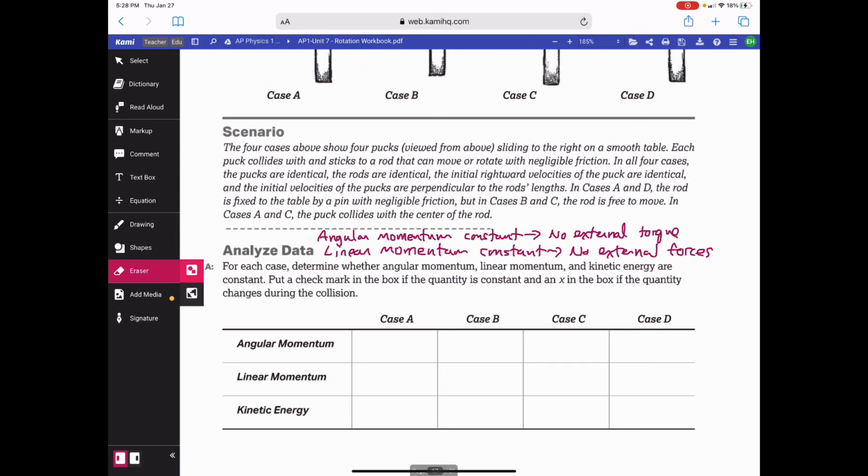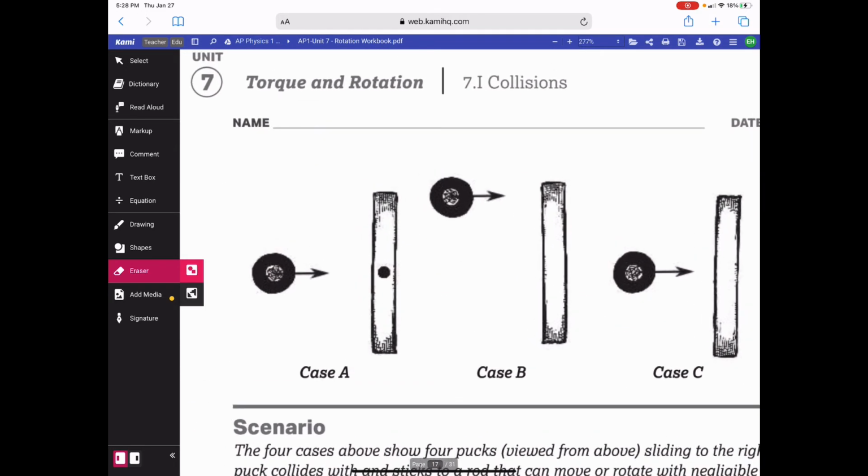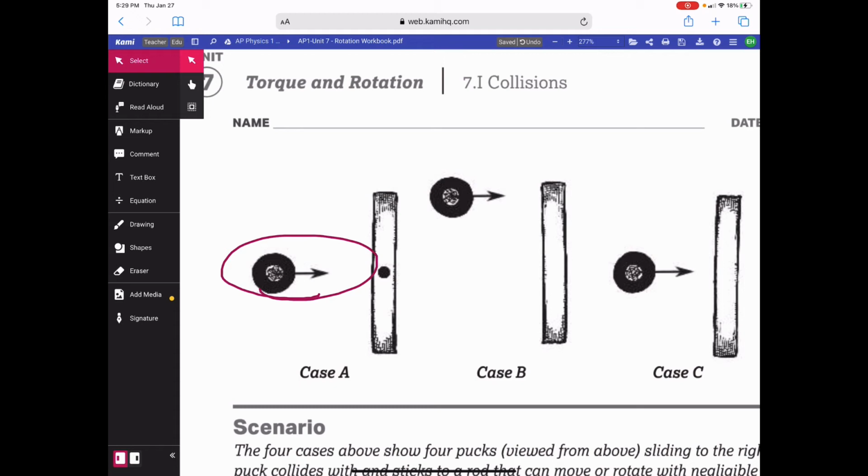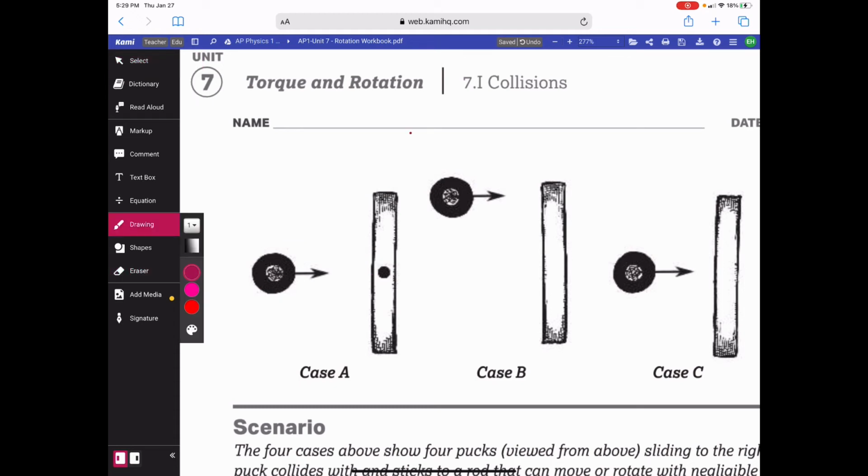So let's examine each case one at a time. A. Now, how can a linearly moving object like A have angular momentum? Well, it is possible. But remember that a linearly moving object would have angular momentum of m times v times a radius away from the point of rotation.